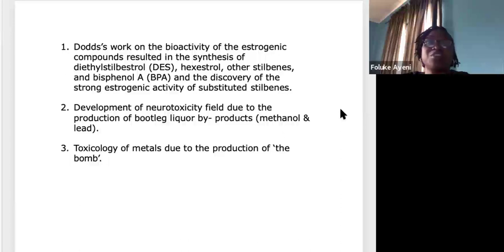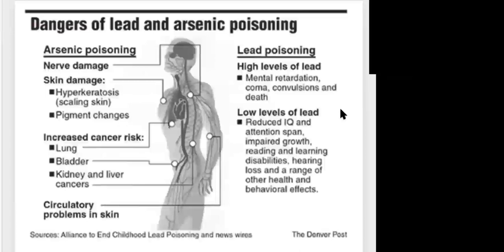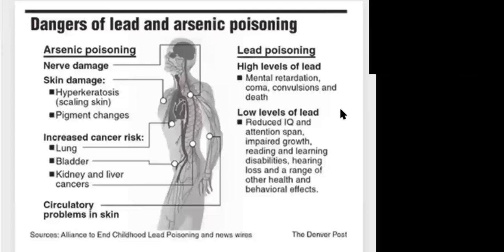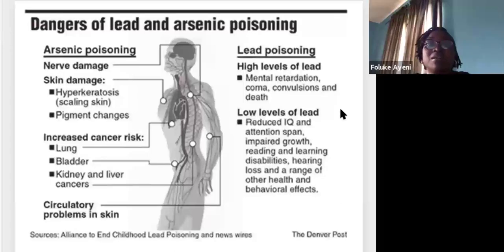The development of neurotoxicity also was a result of the work of toxicologists. So all these things came as a result of the study of toxicology. We knew the effects of chemicals, the effects of plants, the effects of animals, and the effects of other substances that were deleterious to the body.